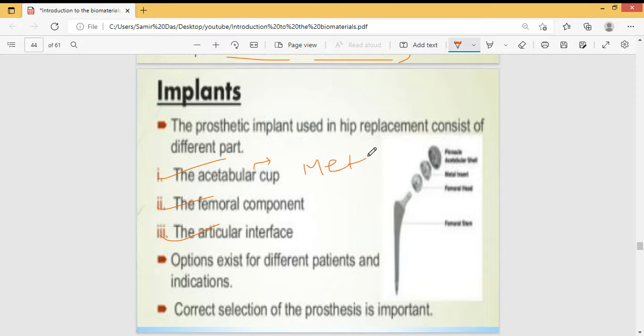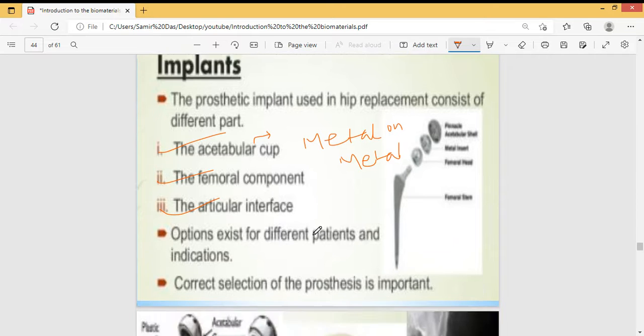One is metal on metal, where the acetabulum cup and femoral component are both made up of metal. And also ceramic on ceramic, where both the acetabulum cup and femoral component are made up of ceramic materials. And the articular interface, we always use some kind of soft biomaterial, such as a polymer. Basically we can use PMMA here as well.